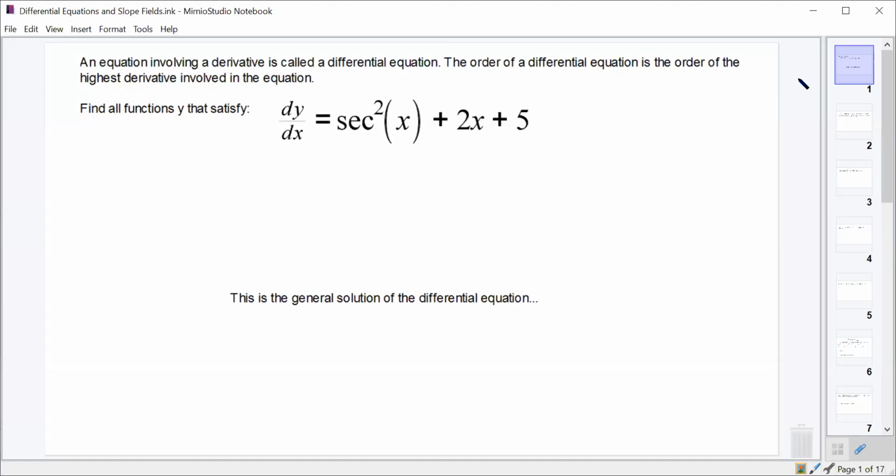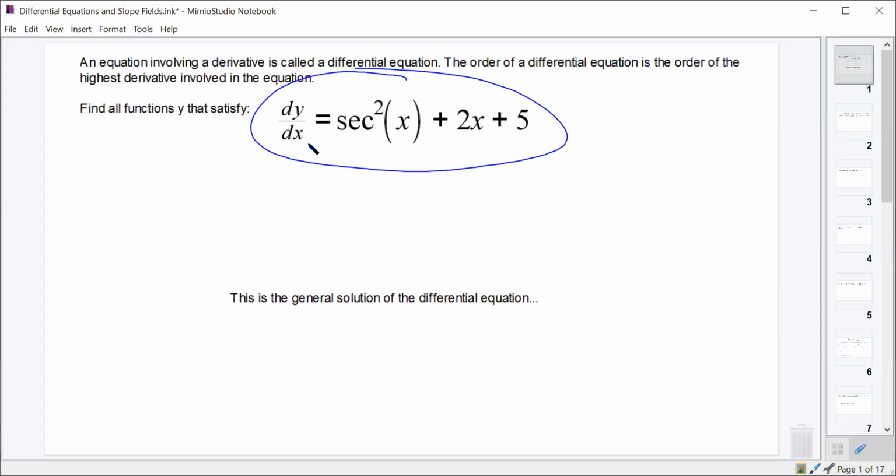Except that instead of looking for a numeric value that satisfies the equation, you are looking for all of the functions that satisfy having this as its derivative. So dy dx equals this. It's a differential equation of what we call the first order because it's a first derivative. And to solve it, we just need to find all functions that have this as its derivative.